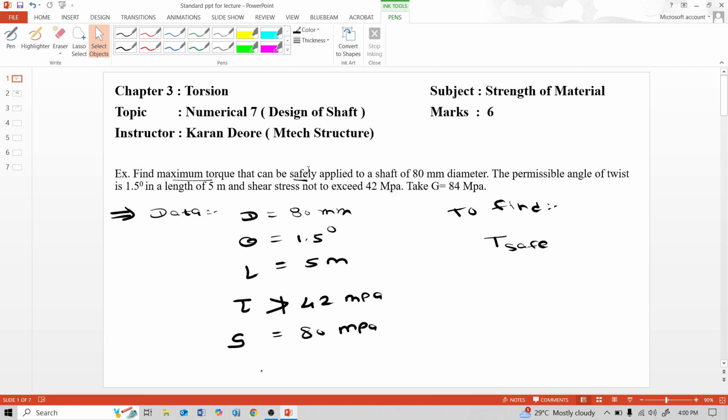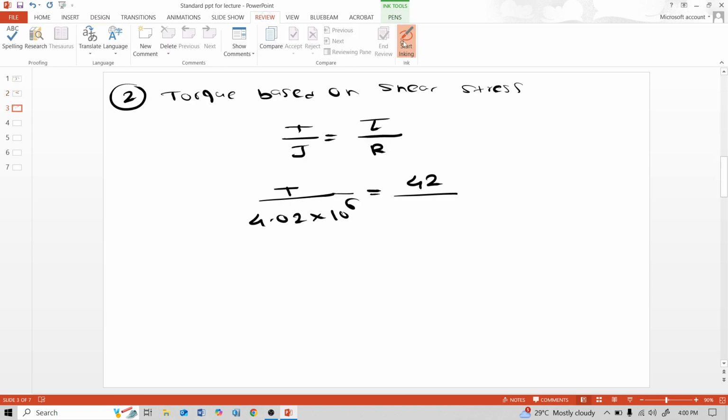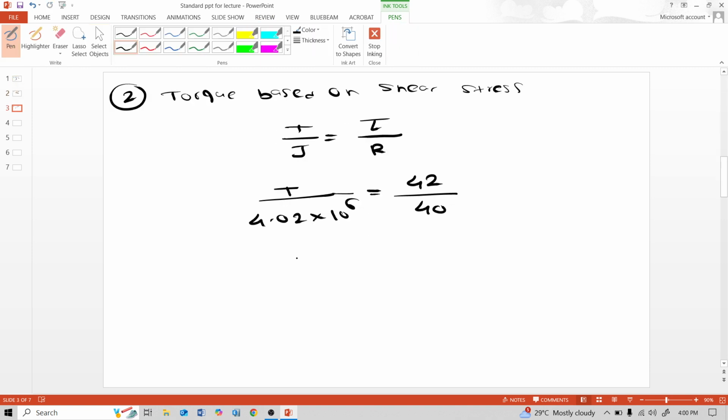For 80 mm diameter, the radius is 80 by 2, that is 40 mm. So this T we get: 42 into 4.02 into 10 raised to 6 upon 40, which is 4.22 into 10 raised to 6. The unit is Newton mm, because J is in mm raised to 4, tau is in MPa, that means Newton per mm square, and R is in mm, so the torque unit is Newton mm.